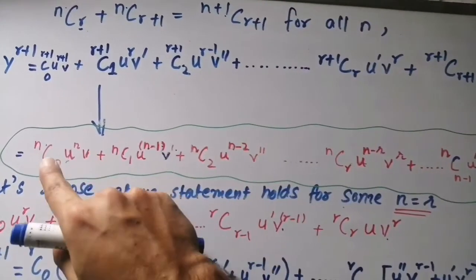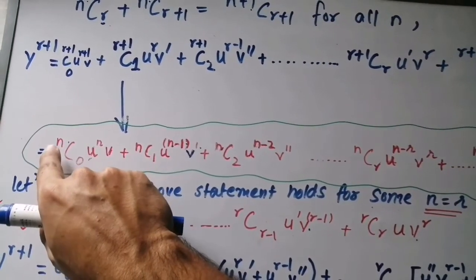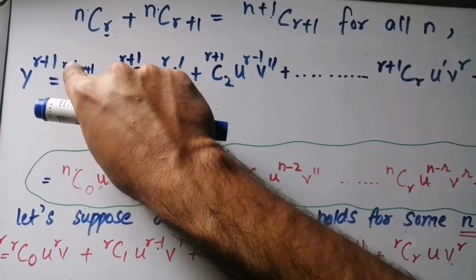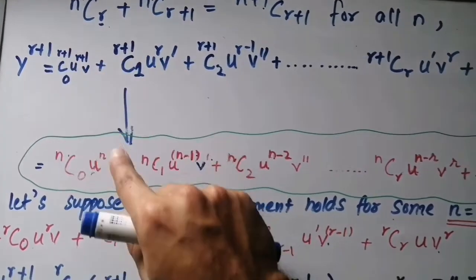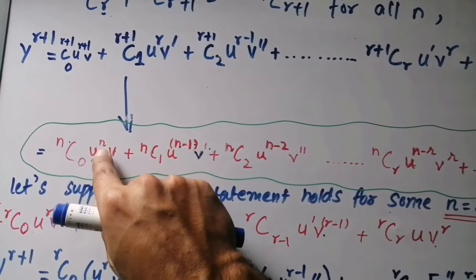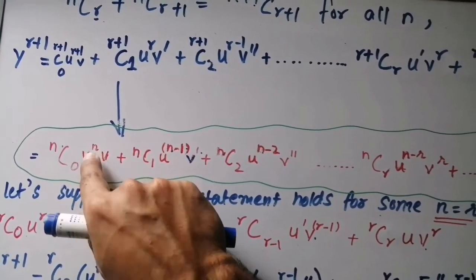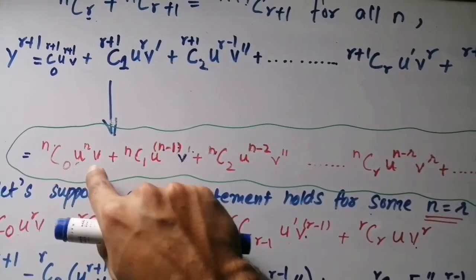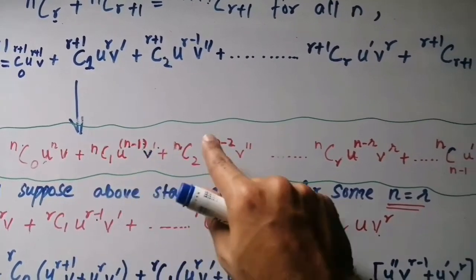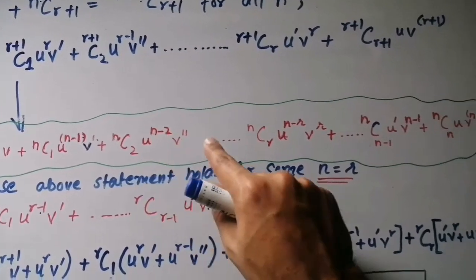So for instance, n will be replaced by r plus 1. So here it is, n is replaced by r plus 1, and you can see here is the derivative for the case of n. For case n, we have n here, and its derivative keeps on decreasing, like u^n here, then n minus 1, 1 less than n, then n minus 2, and so on. It ends up to simple function u.